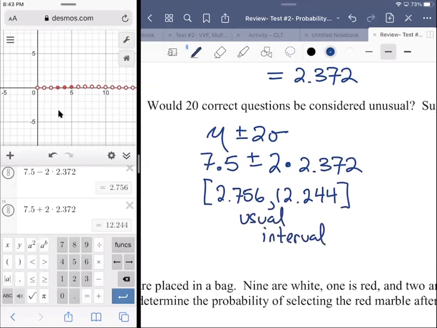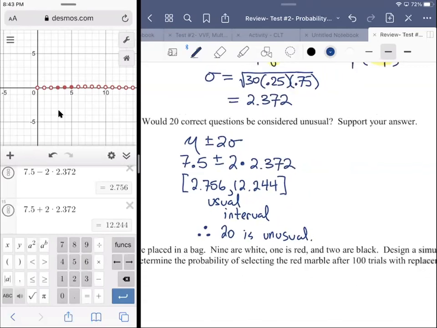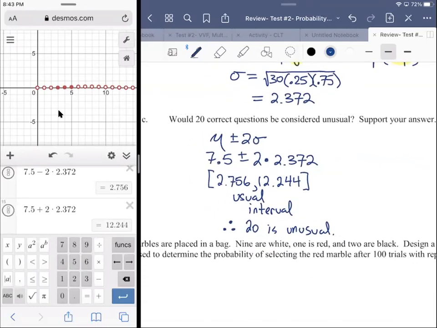All right, so the usual values fall between these two numbers. So I would say, therefore, 20 is unusual. All right, and I've supported my answer already.